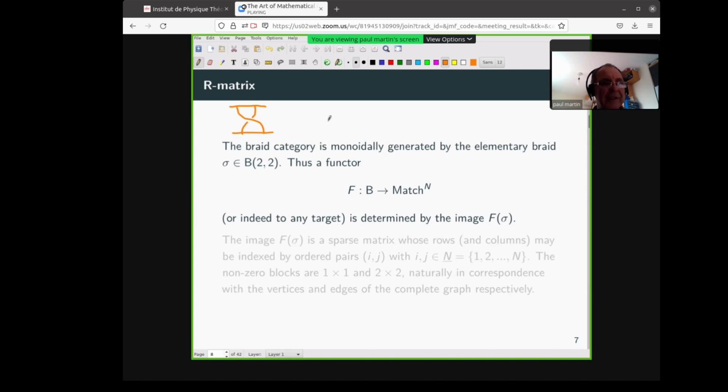So that's the elementary braid, which I'm going to call sigma. That lives in B22 because there are 2 strands to 2 strands. And monoidally generated. The point I'm making there is that, of course, I could tensor that guy with that guy, and I would then get this guy.